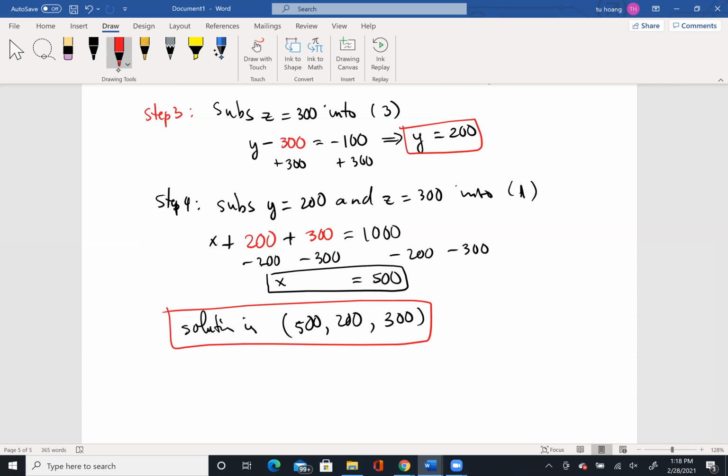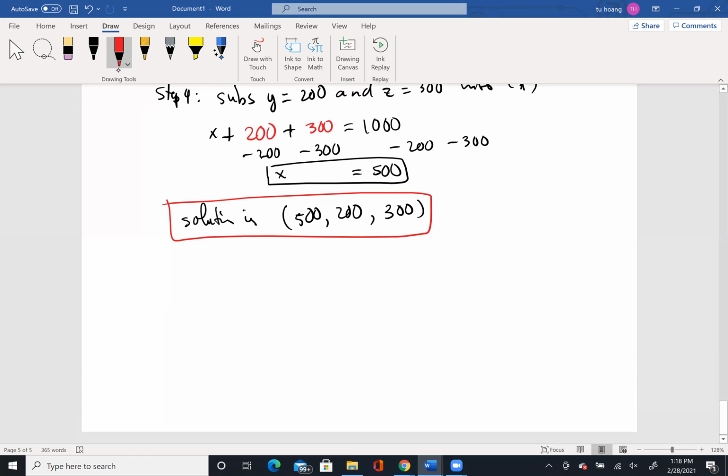All right. Remember that I have mentioned that a linear system could have the case that it has no solution. Linear system, let's say no solution.